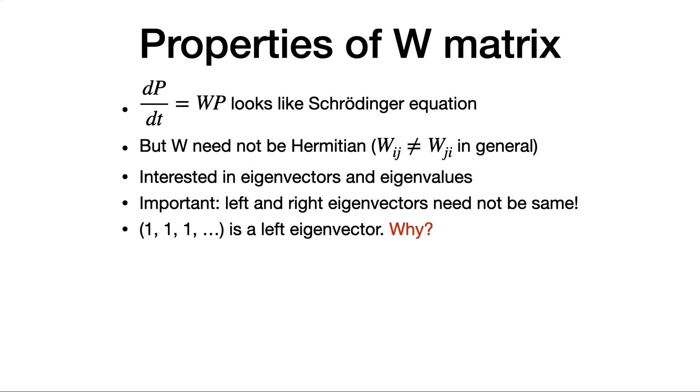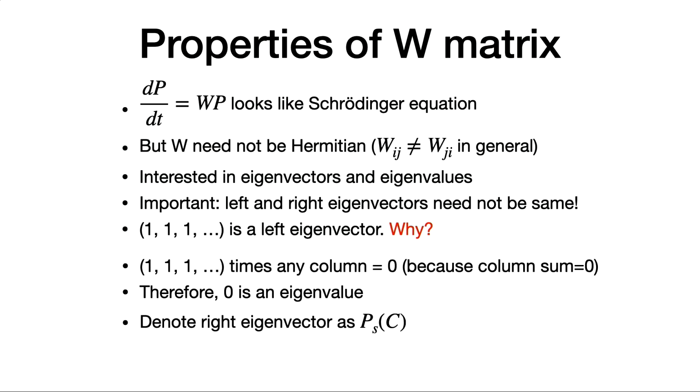If I multiply this with the first column of W matrix, what do I get? The column sum. What is the column sum? 0. What about the second column? 0. So if I multiply this with W matrix, I get 0. So therefore, this is an eigenvector with eigenvalue 0.